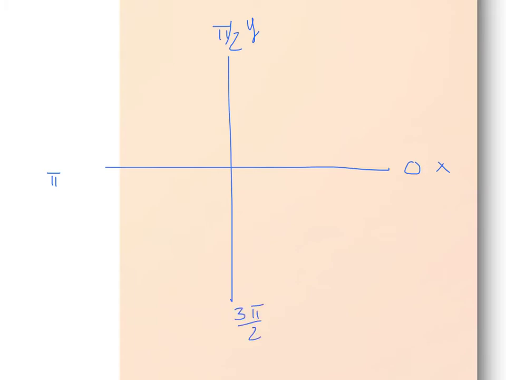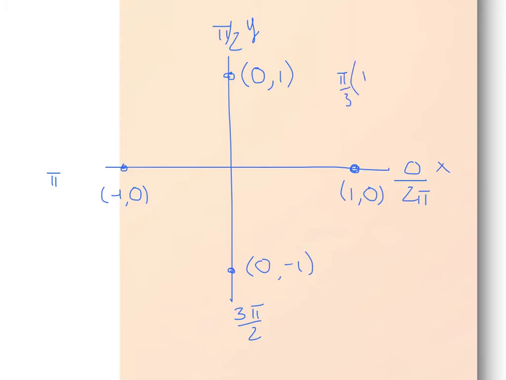And then when I make a full cycle, I'm at 2 pi. Now that I'm making my radius a specified distance of 1 unit long, the points must be (1, 0), (0, 1), (negative 1, 0), and (0, negative 1).